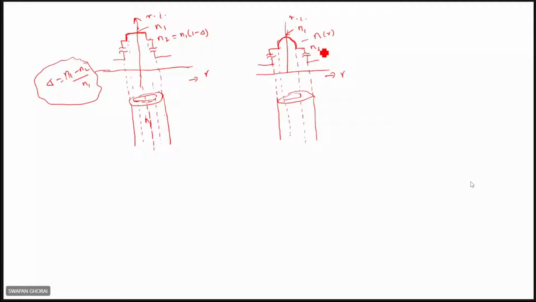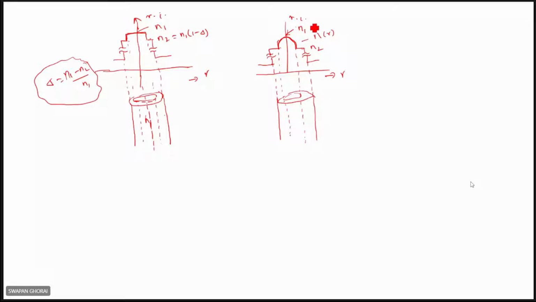Of course, delta is something different that we will see. But if the refractive index difference is small, it will be similar to N1 minus N2 upon N1, right? When we discuss the GI fiber, we'll see more details about this refractive index profile.